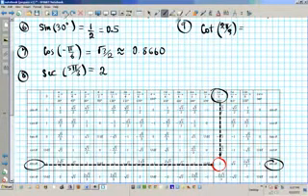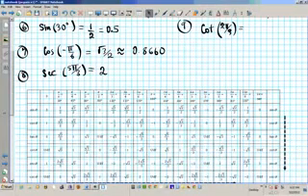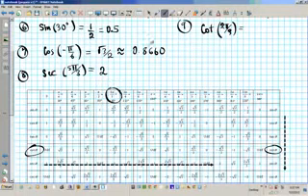Let me erase the other ones so you don't get confused. Just put these ones out of the way. So cotangent 2 pi over 3. This is cotangent, and that's also cotangent, and we're looking for 2 pi over 3, which is right there.